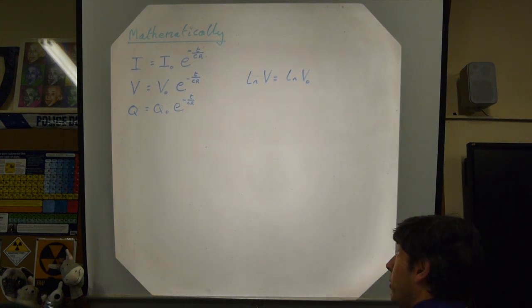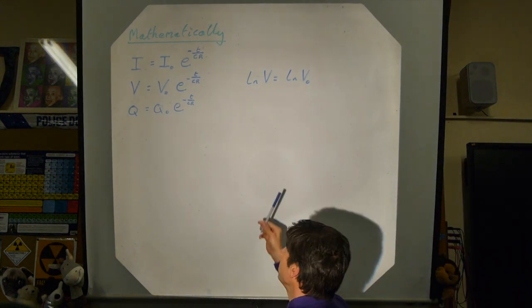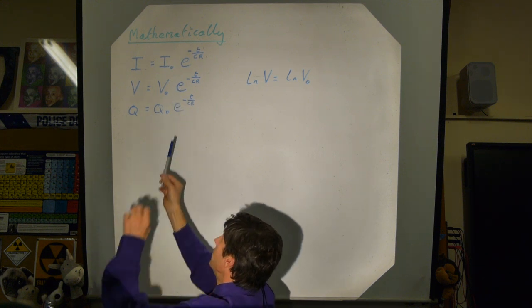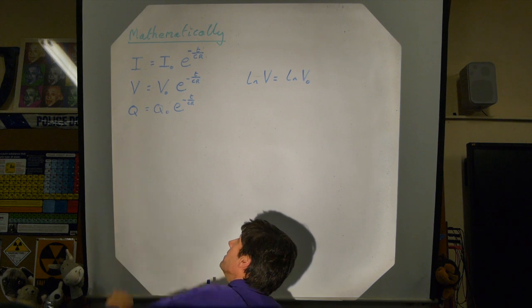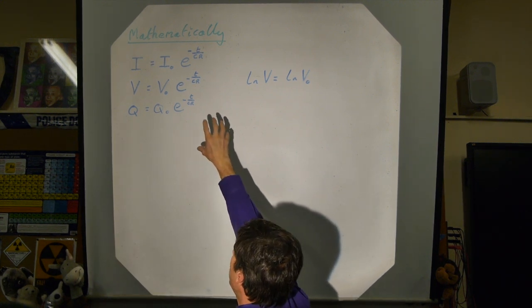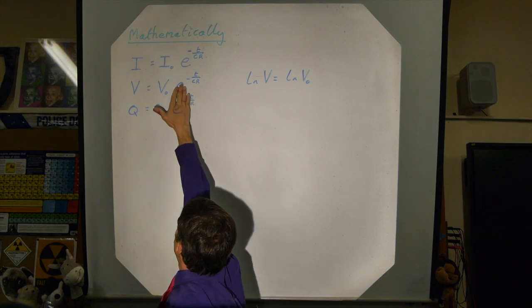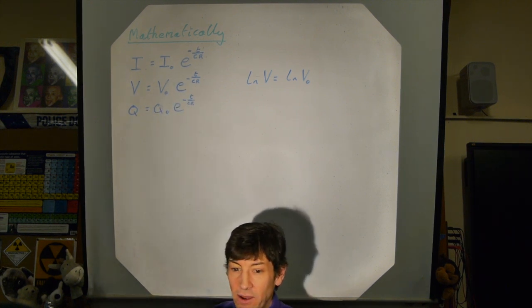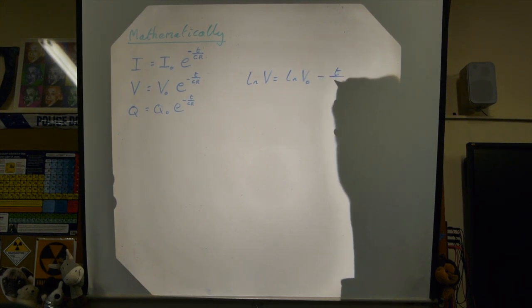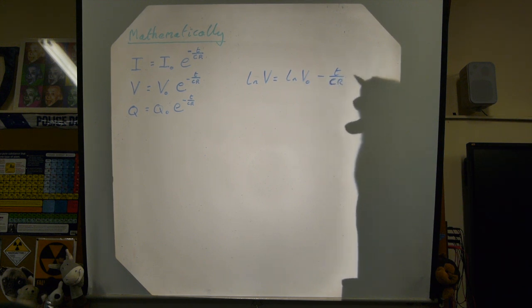And then, again, my appallingly poor maths teaching, taking the natural log basically gets rid of the e. I can't explain to you why, but for those of you mathsy, you don't need me to. And for those of you who struggle with the maths, basically just get rid of the e and this all drops down. It's a very lazy way of explaining it, but minus t upon CR.